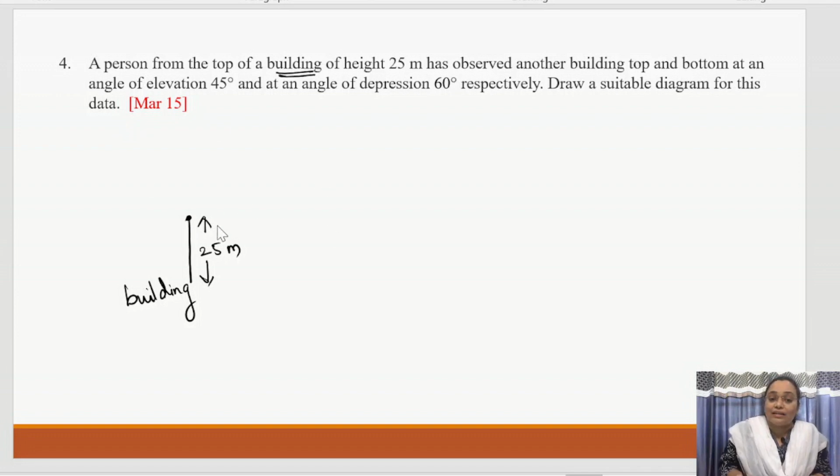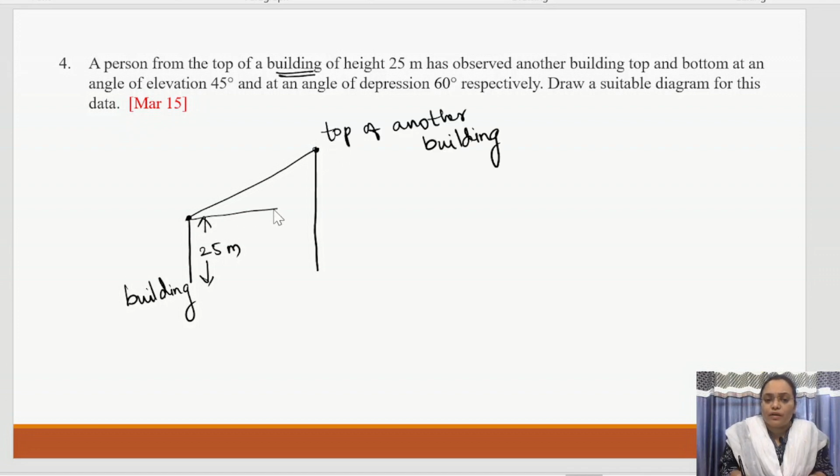He has observed the top of the other building at an angle of 45. What is the angle that has formed?